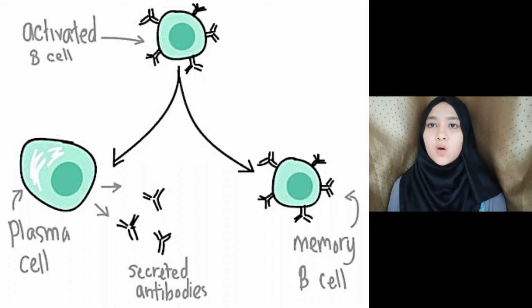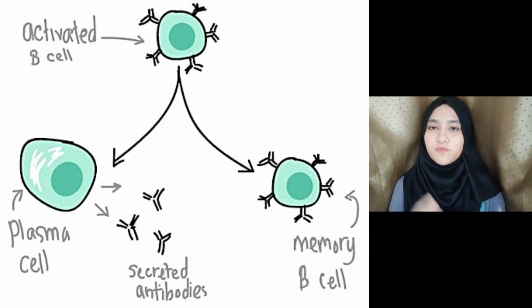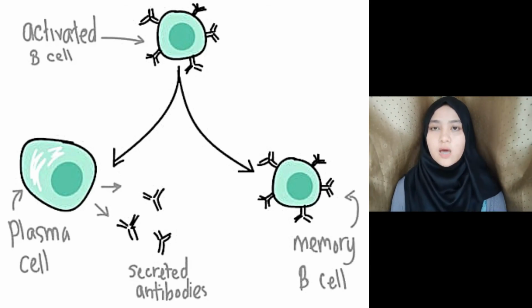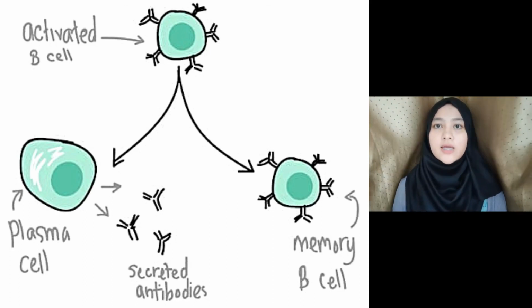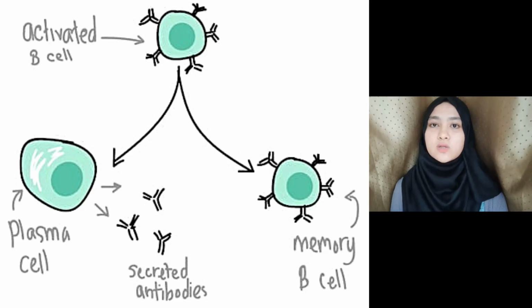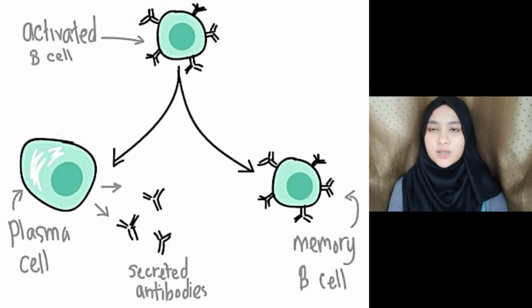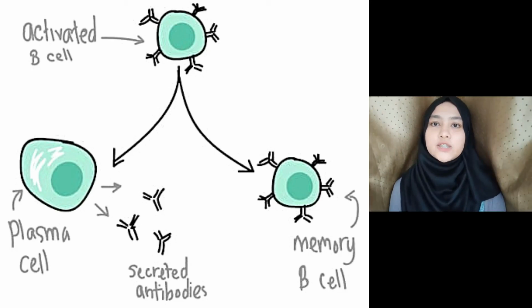Plasma cells will secrete specific antibodies that circulate in lymph and blood to bind to free antigen. Meanwhile, memory B cells will provide immunological memory and quickly react to antigen to stop infection. Group 4 will explain further on plasma cells and the reactions.